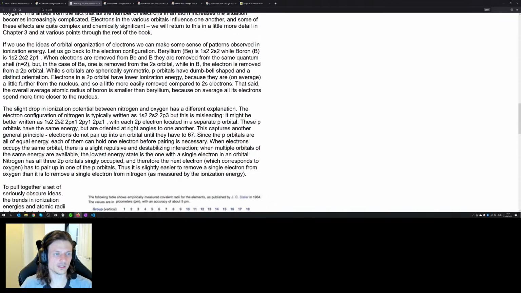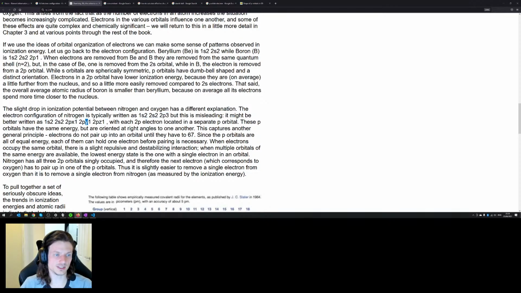The slight drop in ionization potential between nitrogen and oxygen has a different explanation. Oh God. The electron configuration of nitrogen is typically written as 1s2, 2s2, 2p3, but this is misleading. It might be better written as 1s2, 2s2, 2px1, 2py1, 2pz1.